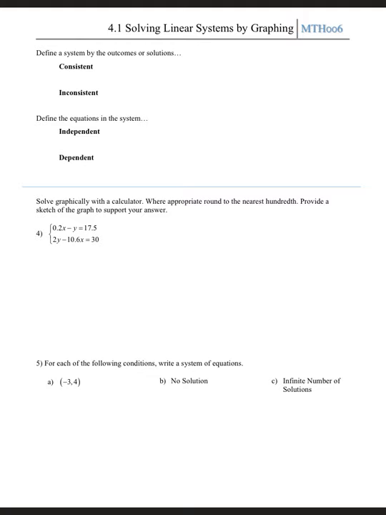A consistent system is any system that has at least one solution. Whereas an inconsistent system has no point in common.